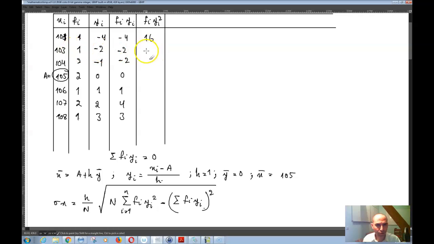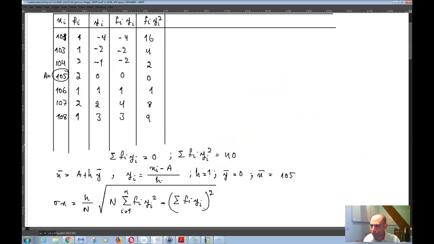That's 4 times 1 is equal to 4. That's 1 times 2 is equal to 2. That's a 0, 1. 4 times 2 is equal to 8. And 9 times 1 is equal to 9. And so sigma f of i y of i squared is equal to, that's a 20, 22, 23. 23 plus 17 is equal to 40.